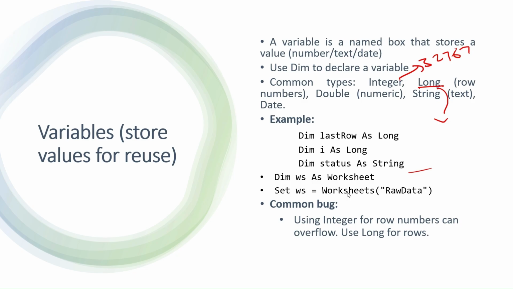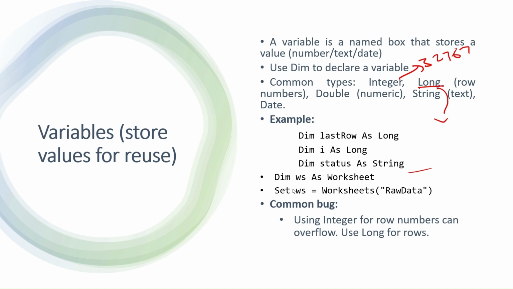So what you have just done here is that you are saying that you have a worksheet that is named raw data, and I'm going to store it in a variable called WS through that set. And when I store it in the WS variable, it means that next time I can use that WS somehow in my macro.